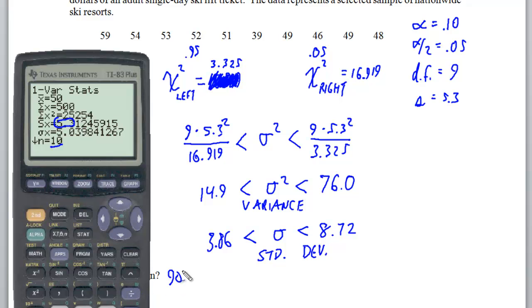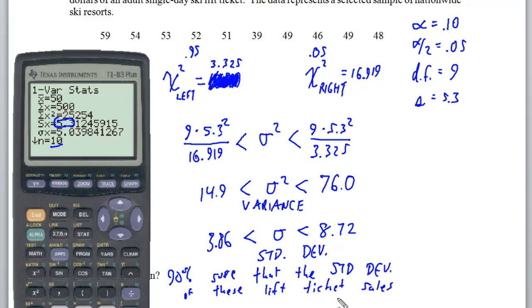We are 90% sure that the standard deviation of the lift ticket sales is between $3.86 and $8.72.